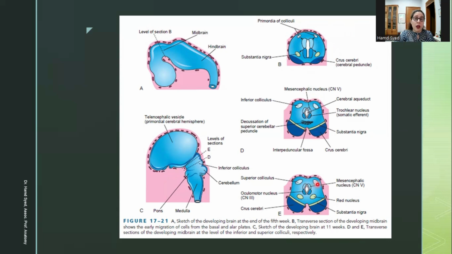Remember, the colliculi develop from the alar plates of the mesencephalon, so they have the sensory neurons. The superior colliculus is a component of the visual pathway, and the inferior colliculus is a component of the auditory pathway. Anteriorly, in the section of the brainstem, we will see the crus cerebri, which has developed from the basal plates.